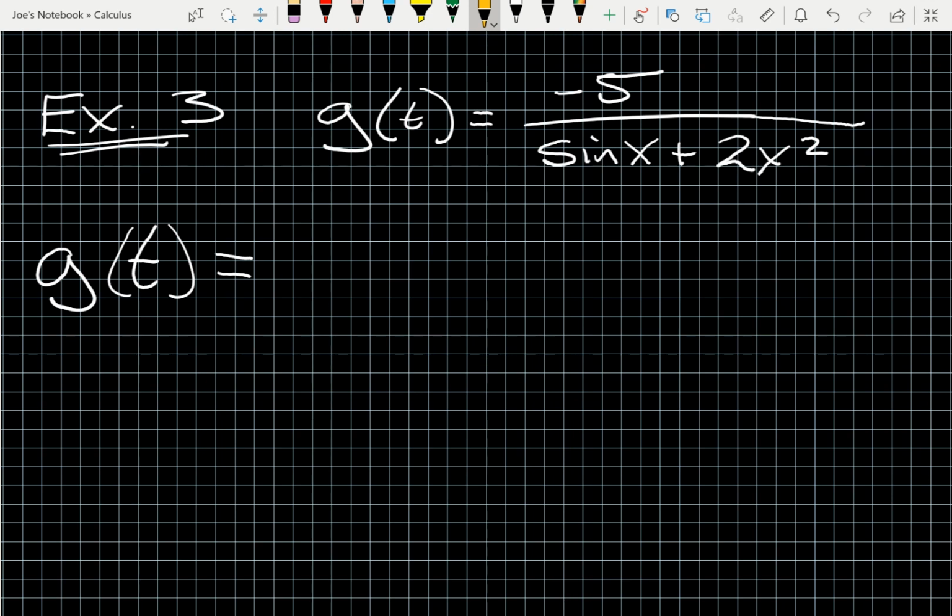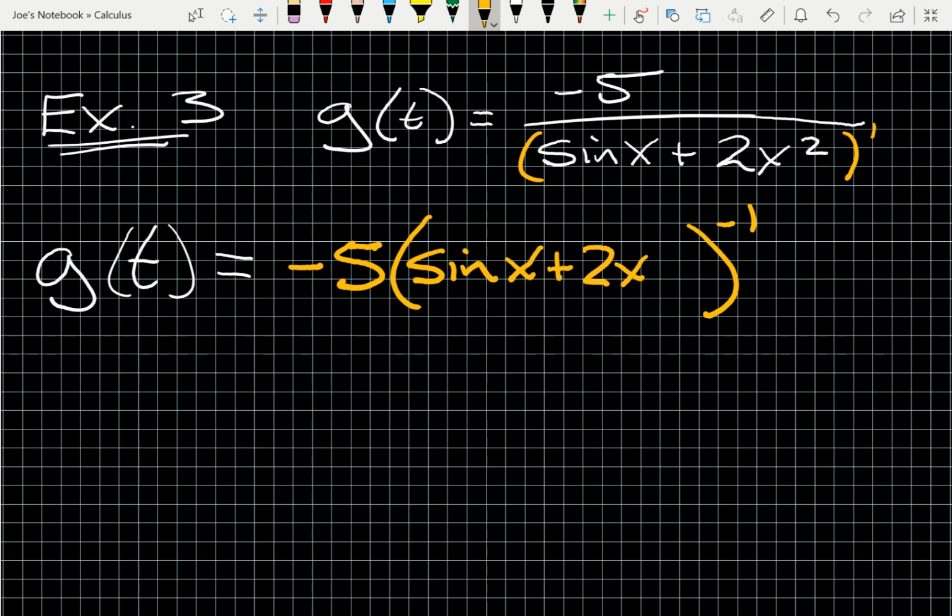So we can't break that up. But what I could do is rewrite this as -5 times the denominator to the power of -1. Currently it's to the power 1. If I push that up into the numerator, it becomes -1. So it could be -5 times the quantity sine of x plus 2x squared to the -1.